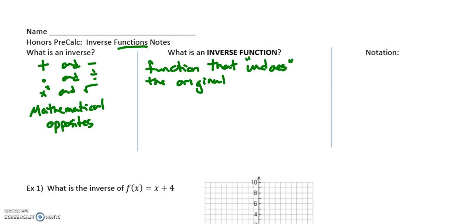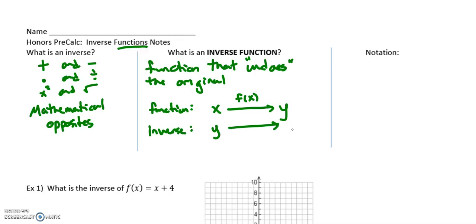Now, the best way I can find to illustrate this is I have my original function, and it takes x's and changes them into y's. That's what f of x does. So then my inverse, whatever it is, is going to take those y's and change them back into x's. It just undoes what the original function does. We'll look at that in terms of some numerical examples a little further down.